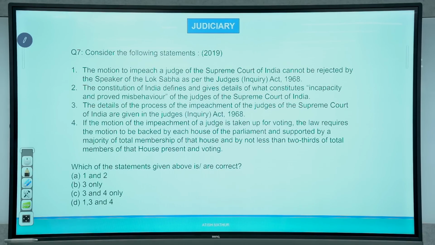The details of the process of the impeachment of the judges of the Supreme Court of India are given in the Judges Inquiry Act of 68. If the motion of the impeachment of the judge is taken up for voting, the law requires the motion to be backed by each house of the parliament and supported by a majority of 2.